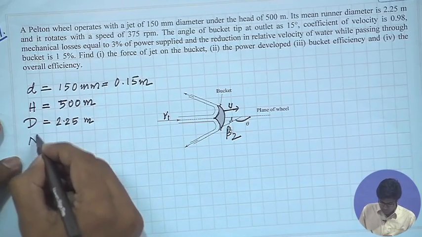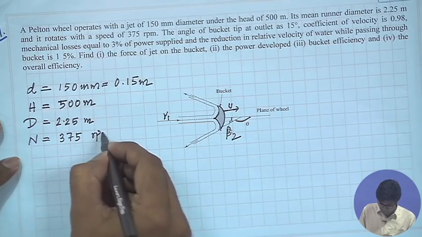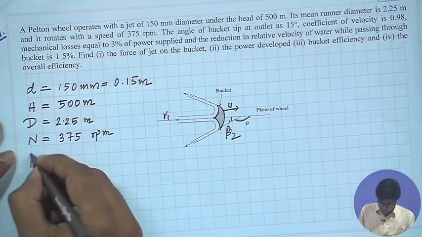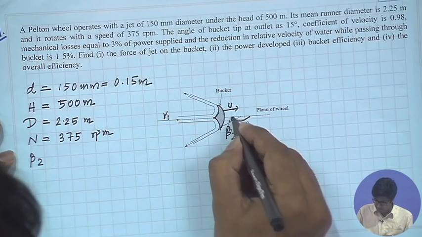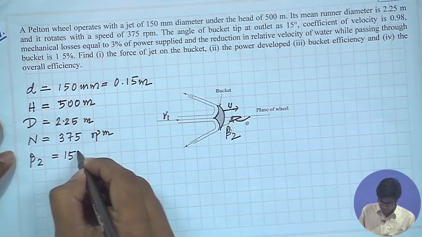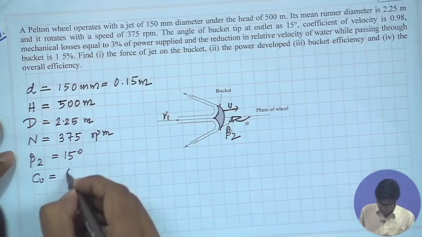The rotational speed of the runner is given as 375 rpm. The angle beta 2, that is this angle, is given as 15 degree. The coefficient of velocity is given as 0.98.